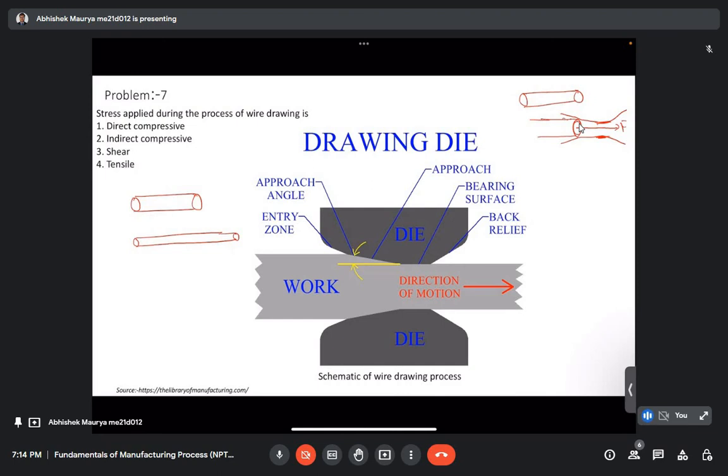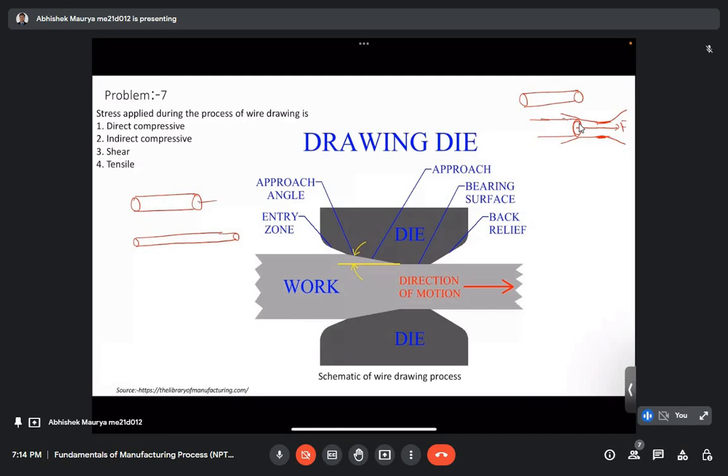Will it be possible to reduce the diameter with the help of tensile force? Can we reduce the cross-sectional area, can we reduce this diameter just by putting the tensile force?